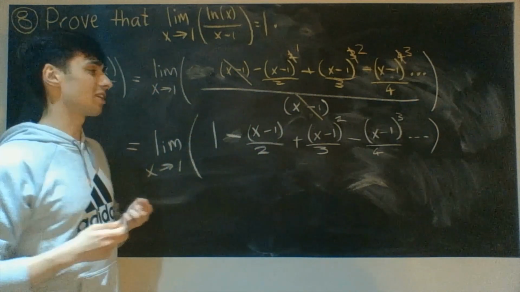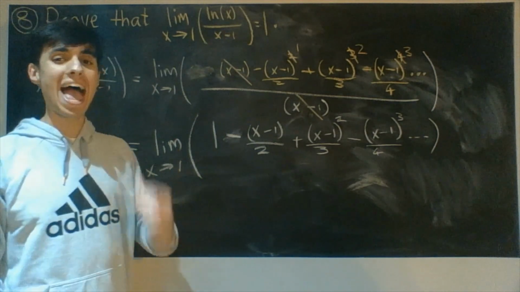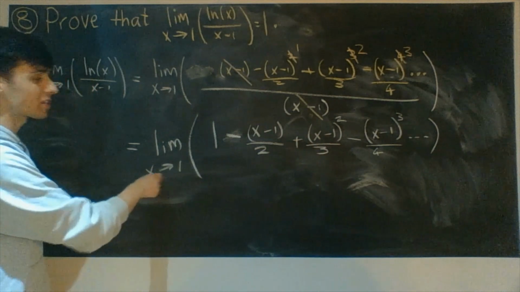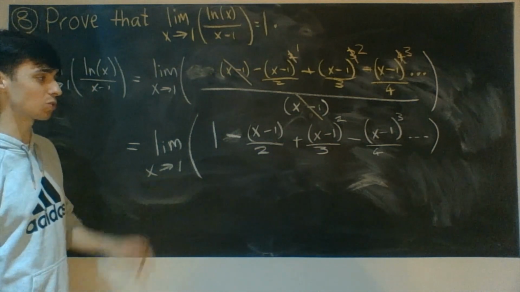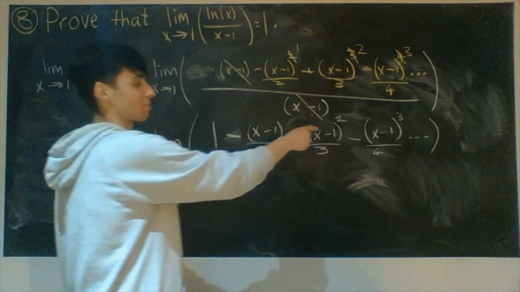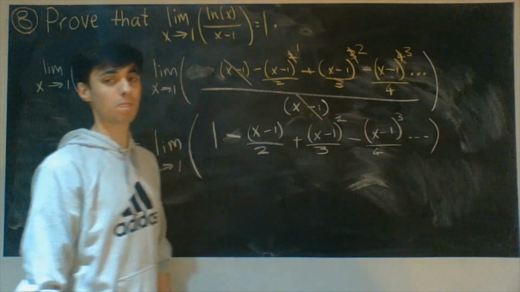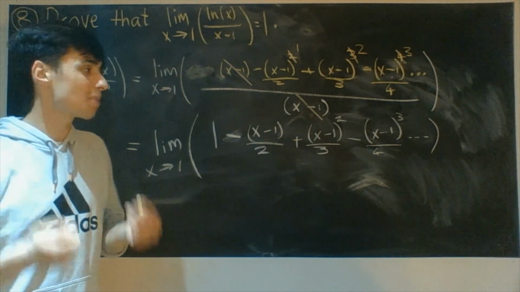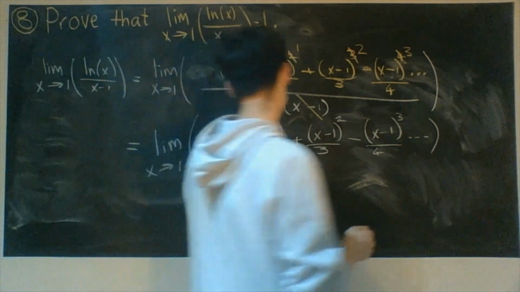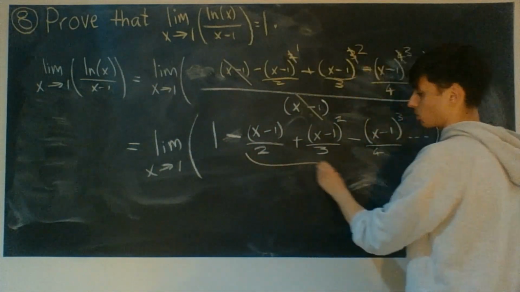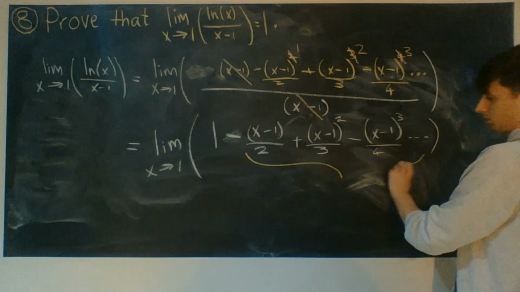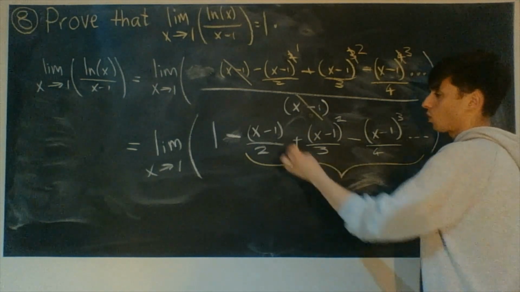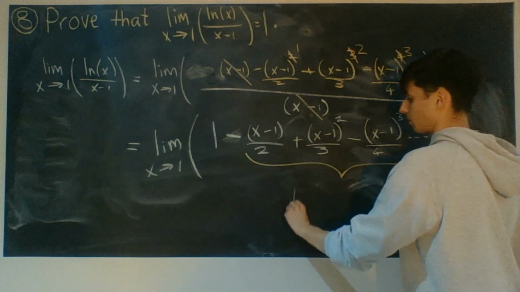This is where this key idea comes back to us though. Anytime you see an x minus 1, because we're going to the limit where x tends towards 1, these brackets will go to 0. And we should write something down to reason about that, just to make our thinking really clear. Something like this would be really nice. Any power of x minus 1 will have to go to 0.